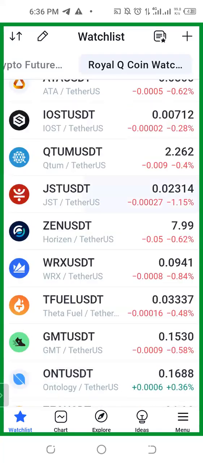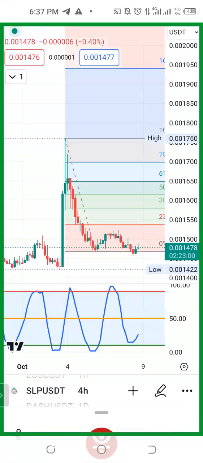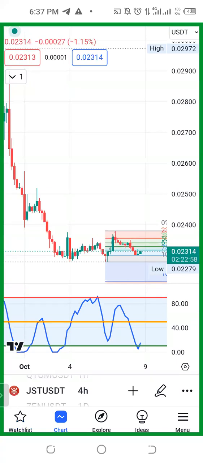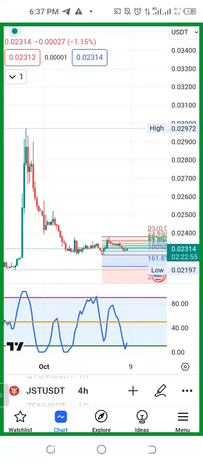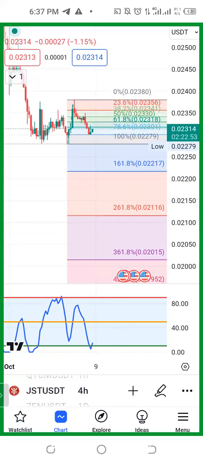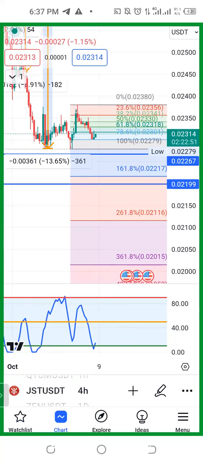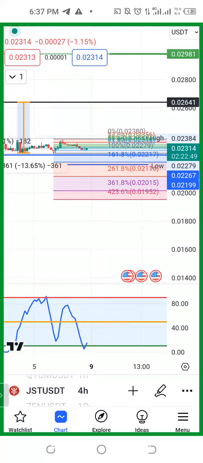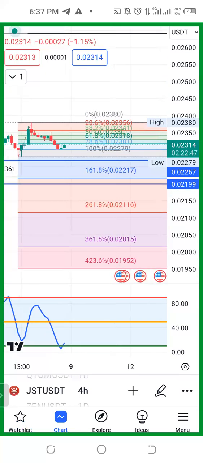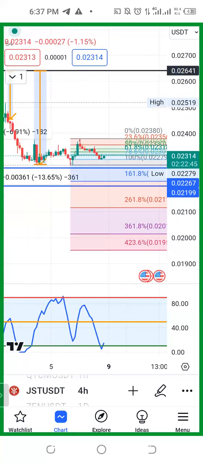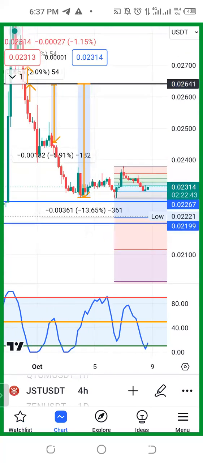And you can see this is the coin JST. And I've already marked the coin, where we entered that coin. Let me use 1 day. Yes, see the price that we entered the coin. It has really gone down.